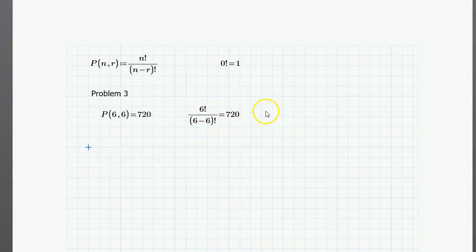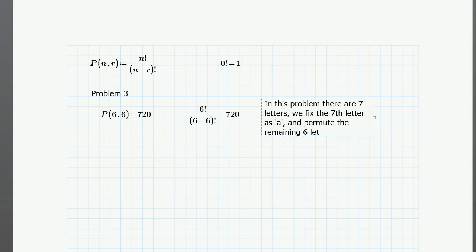So that's how we do that. We'll put a little note over here that says, in this problem, there are 7 letters. We fix the 7th letter as A and permute the remaining 6 letters.